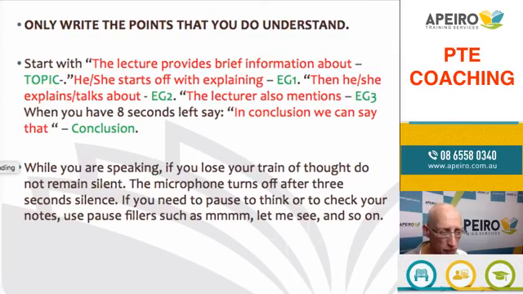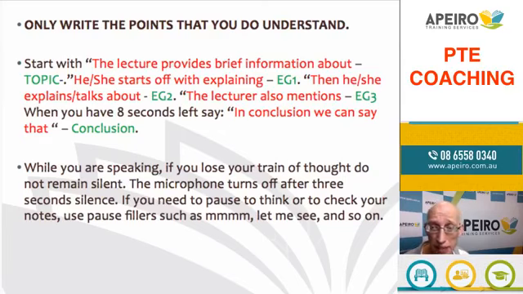Remember, as I said before, if that's all you heard, let's say I didn't even get to EG2, all I would do is after EG1, he or she explains about, then all I would do is click the next button. Remember, it's more essential to speak fluently with correct pronunciation than it is to speak in a rushed manner and have jagged speech, which is not considered smooth pronunciation or smooth execution of sentences.